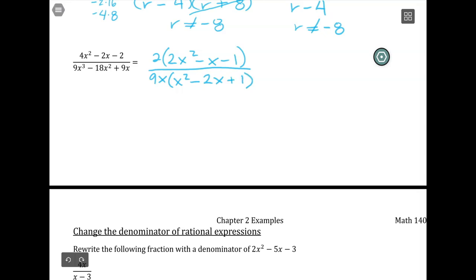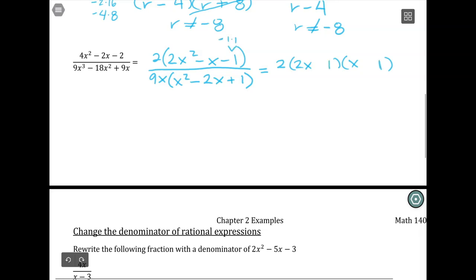Okay, and it's a good start. I don't have anything that I can cancel, so I'm going to try and factor the trinomials that I'm left with. So the first one, I'm going to split it up into a 2x and an x. And then I don't have a lot of choices for the last. It's 1 times 1, and the only thing I get to choose is who gets the minus sign.